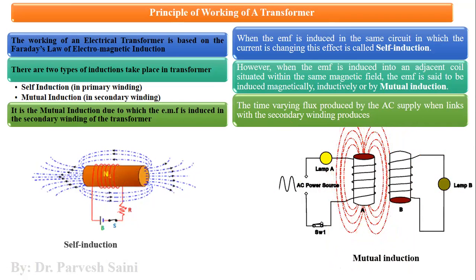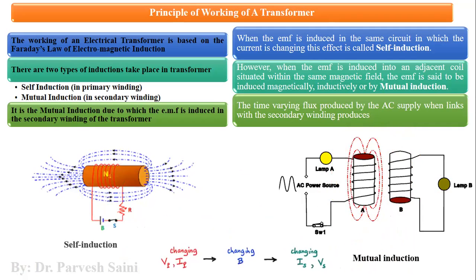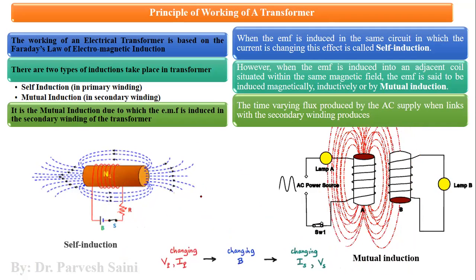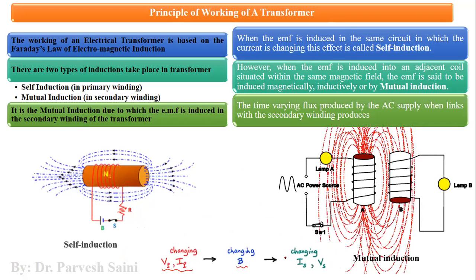Now, let us come to the next part of the topic. Before that, as you can see here, this is a very small symbolic representation of the working of a transformer. Here Vp and Ip are the primary voltage and primary current. B is the magnetic flux density.